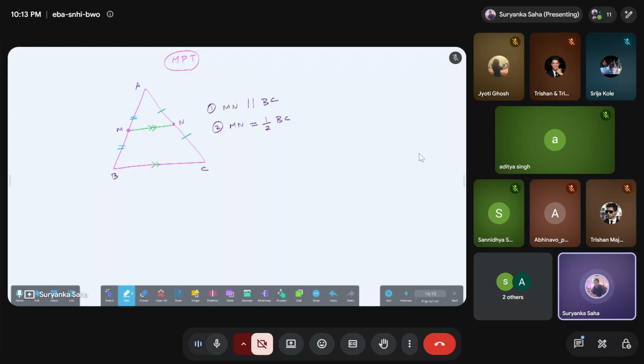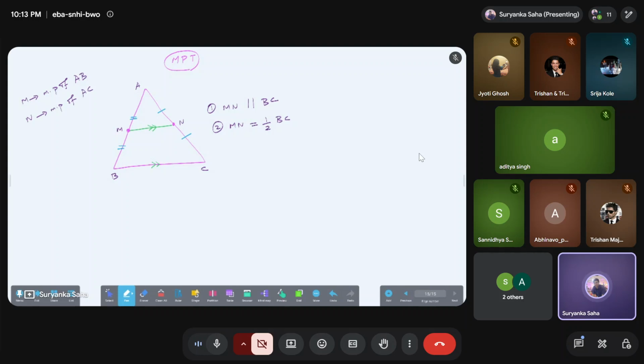Now M is the midpoint of AB, and N is the midpoint of AC. Okay, understood or not? Tell me.